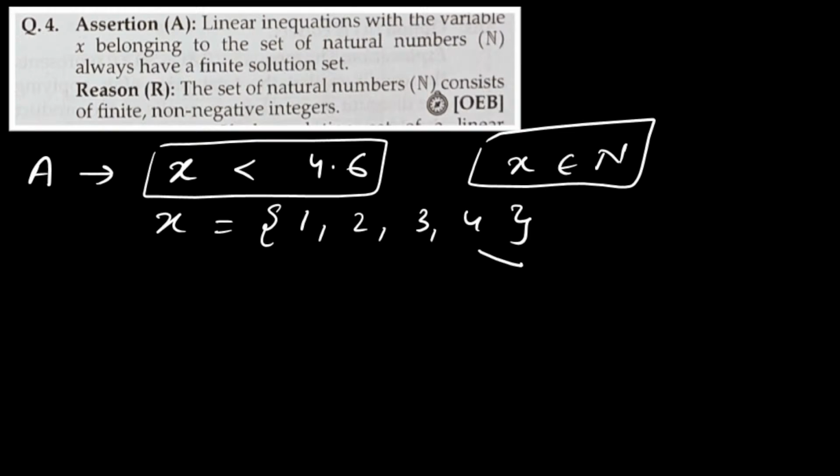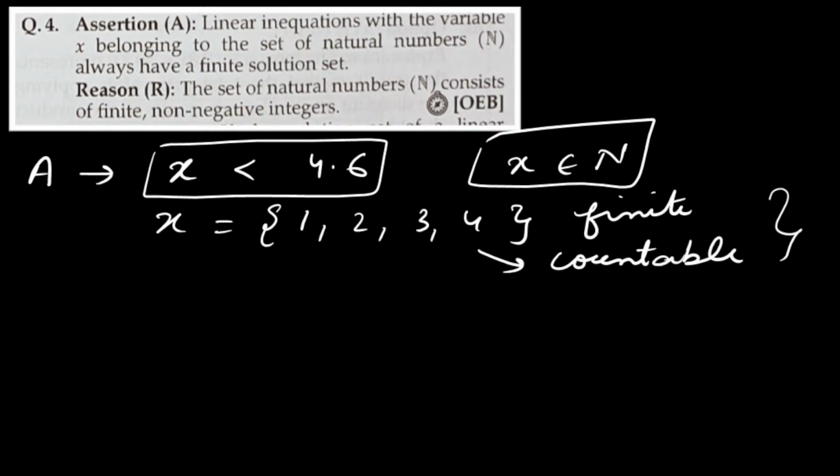Finite solution set means where we can count the number of solutions. Finite means the number of values of x is countable. So is it true? If I have x less than 100 also, I can still count; it will go till 99.